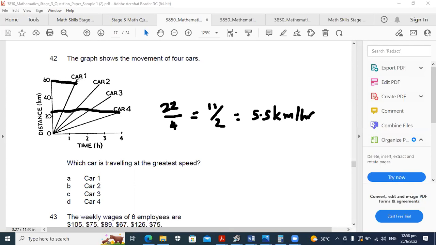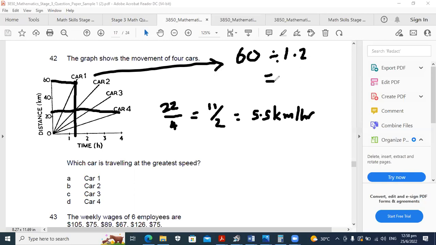Car 1 is about 60, not true? Yes, sir. 60 divided by 1, about, I don't know, probably 1.2 or 1.3. But you're going to get a very big number, because 60 divided by 1 is actually 60.